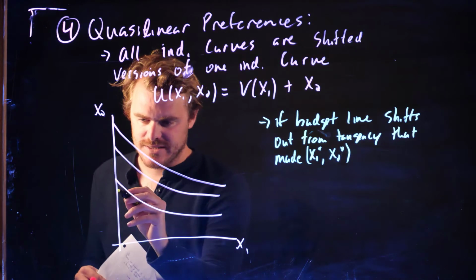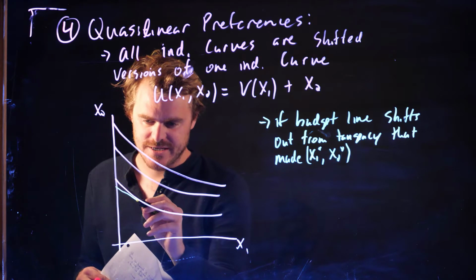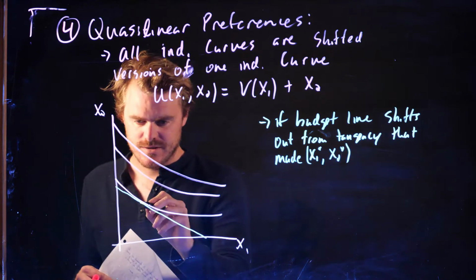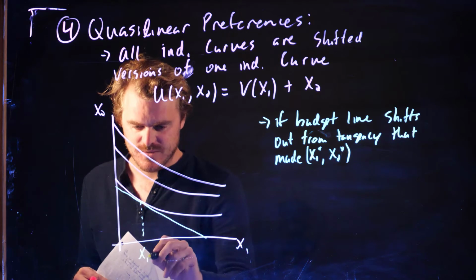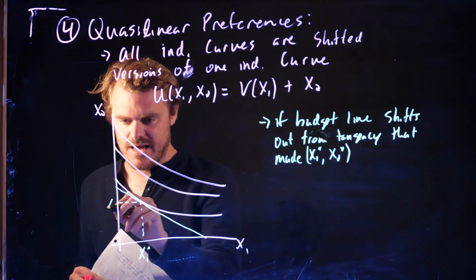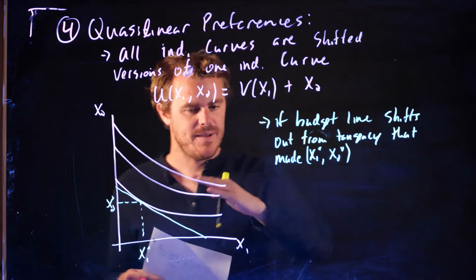So let's say we have some budget constraint like this. Here's x1 star, x2 star. What happens if it shifts out?